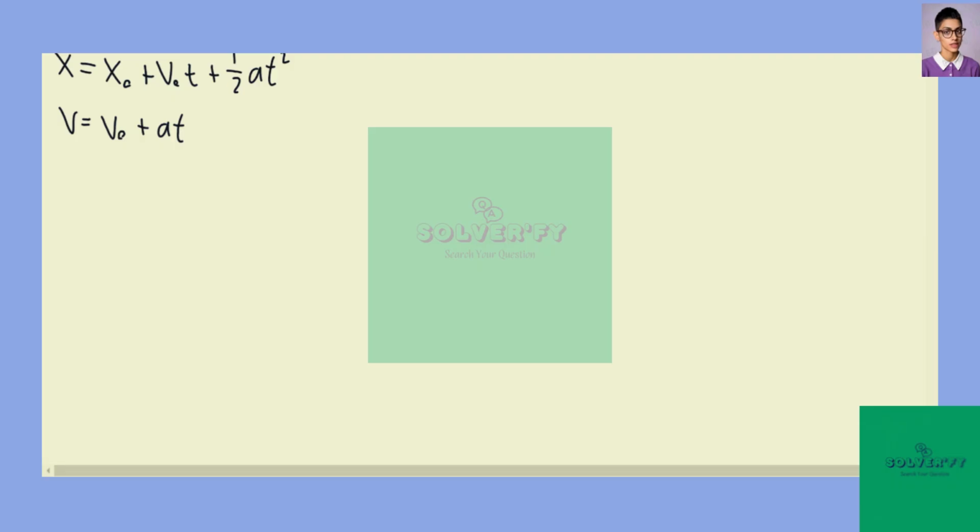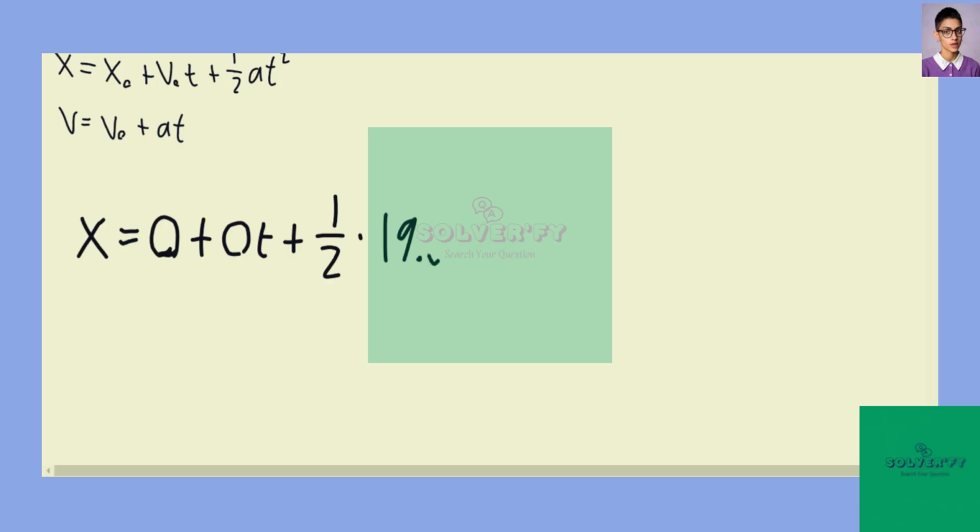So plugging this into this equation, we get that the distance the bike has traveled is 0 because it started from a stopping point. Or we're going to say that the initial point is where the car and bike started. Its initial velocity was 0, so it's going to be 0t plus 1/2 times 19.067 times t squared.